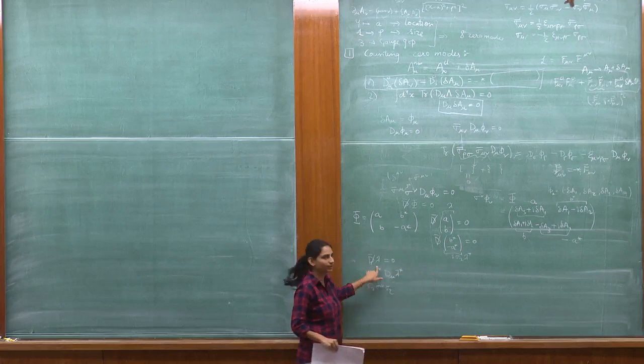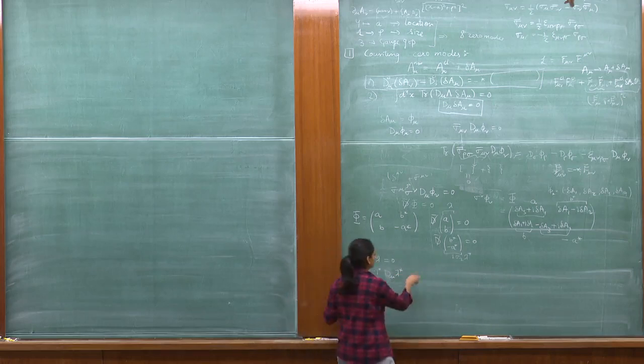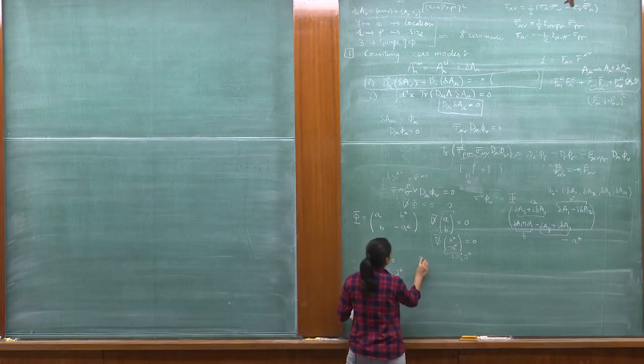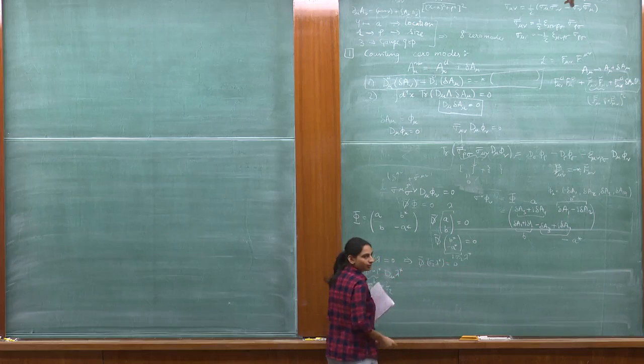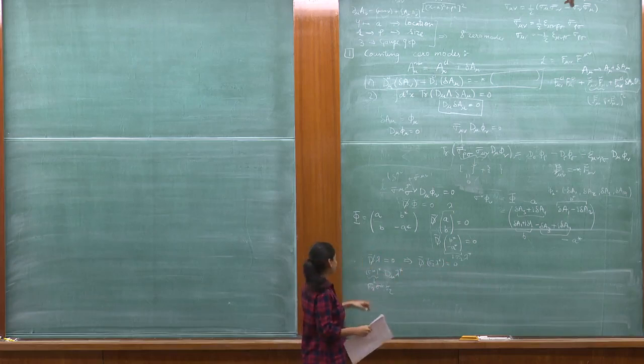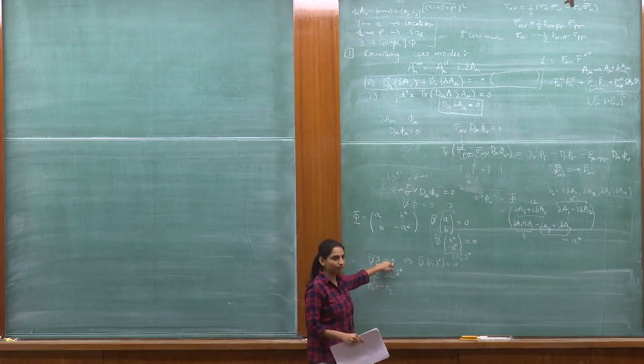So if this is satisfied, then del bar slash on sigma 2 lambda star is also satisfied. This implies this. So basically, in the end, we need to just find the solutions of this equation.